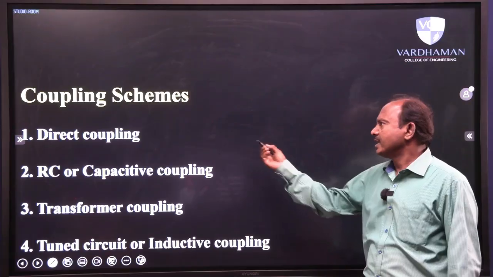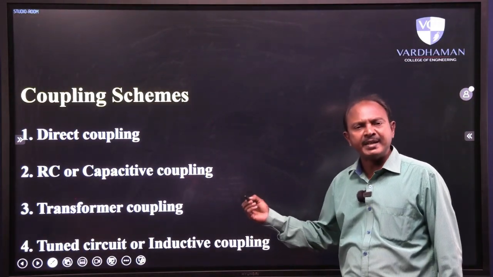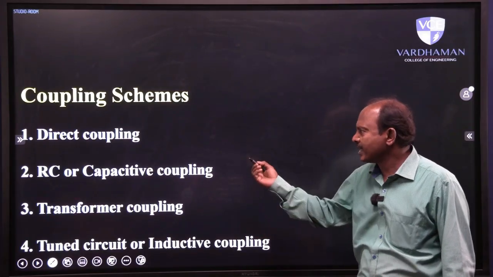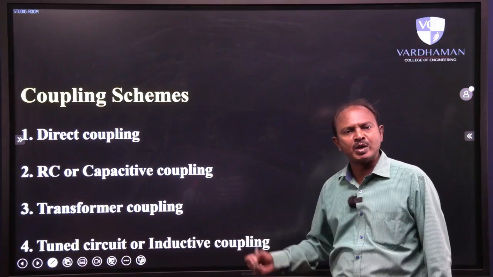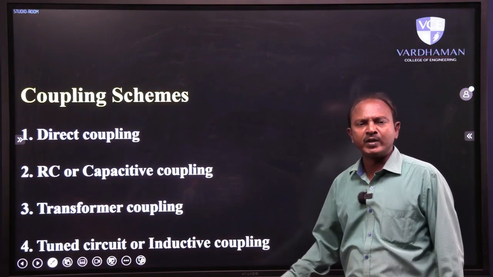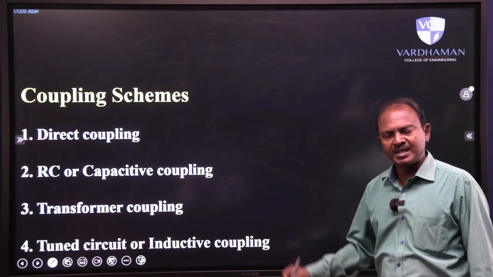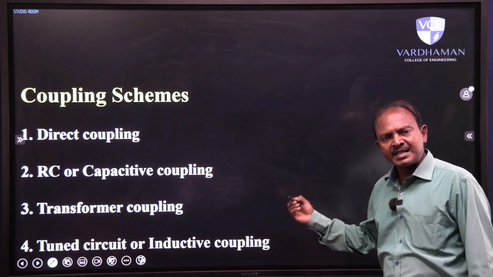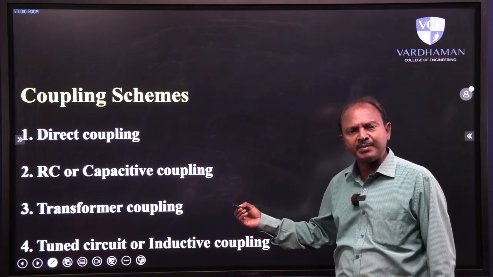Then look into the coupling schemes we have. There are 4 coupling schemes generally implemented in amplifier circuits while cascading them. One is direct coupling, second is RC or capacitive coupling, third is transformer coupling, and the fourth is tuned circuit or inductive coupling. These are the 4 coupling schemes we will have. Now I will consider the merits and demerits of each coupling scheme one by one.